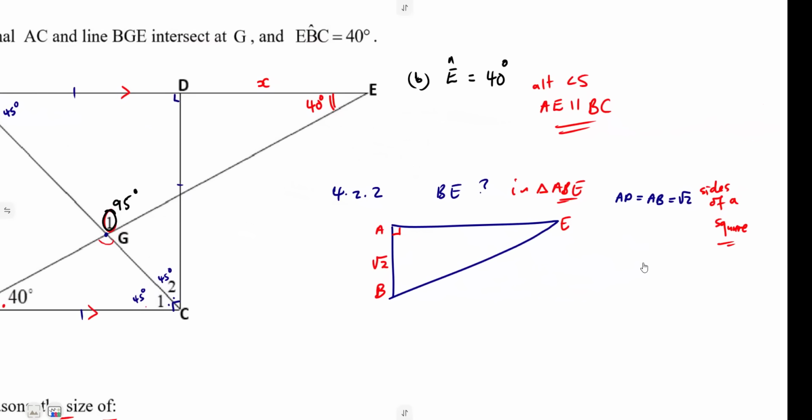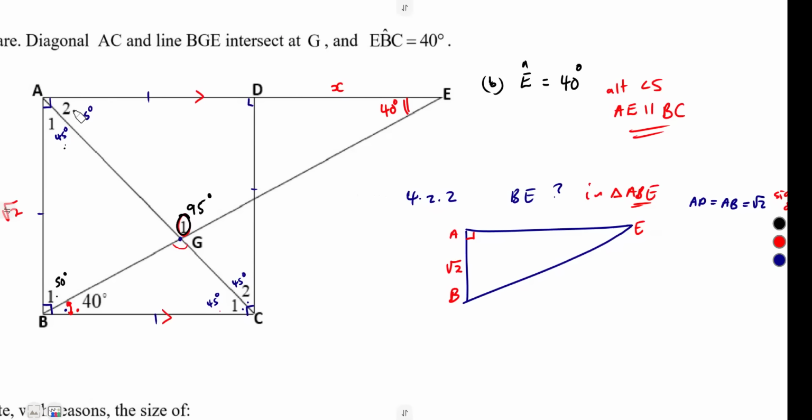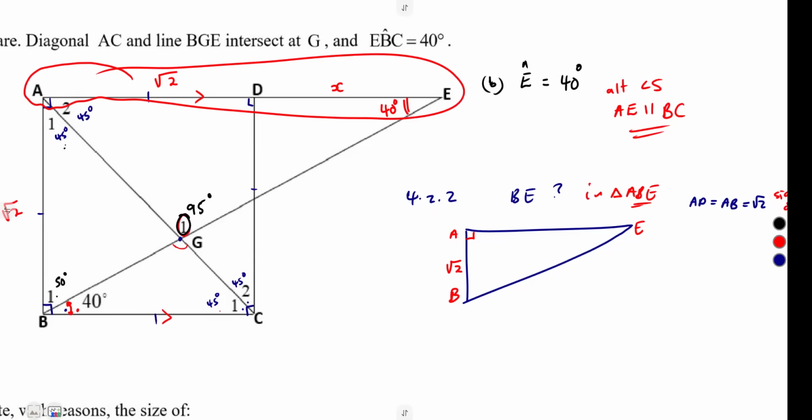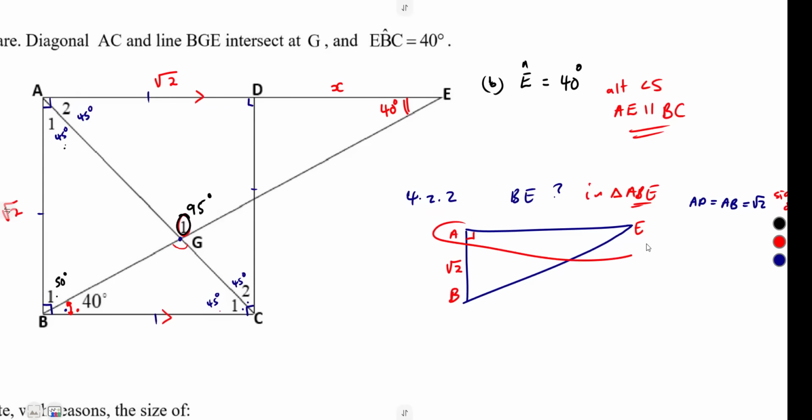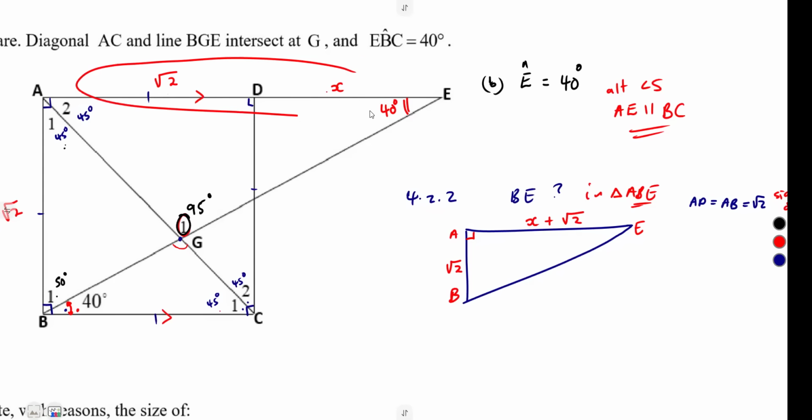So if AD is square root of 2, what about the whole line from A to E combined? It will be square root of 2 plus x, or x plus the square root of 2. You add these two combined.